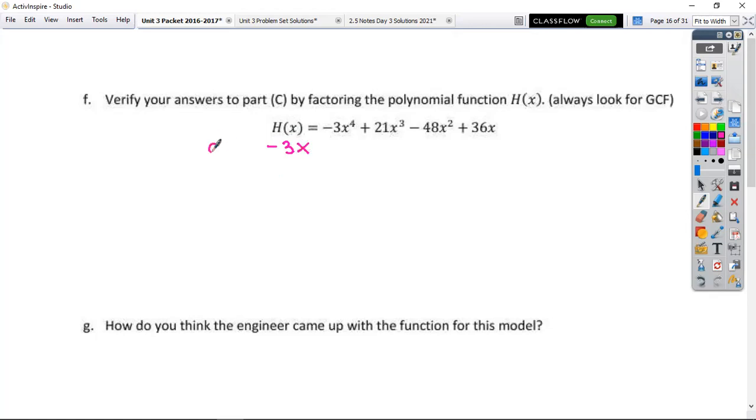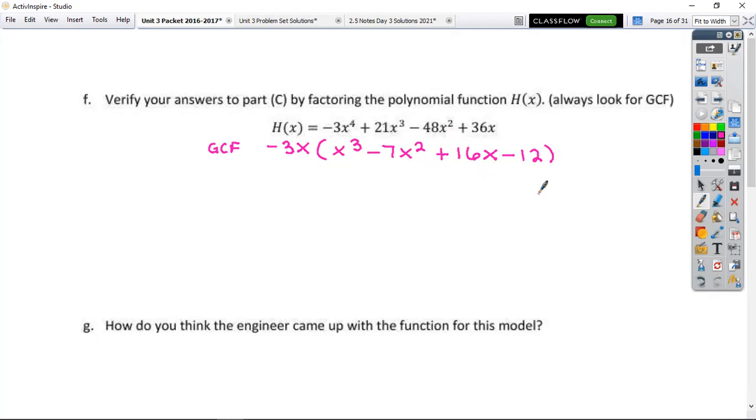Perfect. So this one we are going to do a little GCF. I am left with x cubed. I need to get a positive 21, so that means multiply by negative 7x squared. I need to get a negative 48, so I would multiply by 16x. And then I need to turn that into a positive 36, so I'm going to multiply by a negative 12.